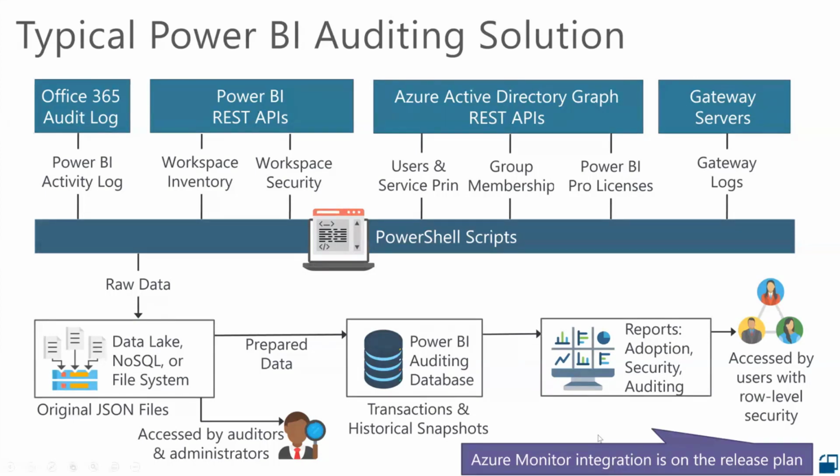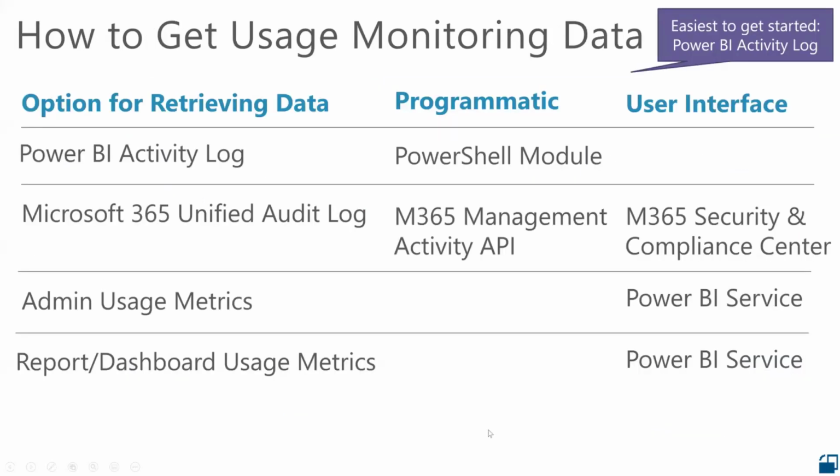The piece that's not depicted here is Azure Monitor, which is on the public release plan. So how that might change some things here, I don't know yet, but that's just kind of an asterisk to know for now. There's a bunch of different ways that we can go and get the usage monitoring data. I'm actually not going to take the time to go through the differences between each of them.